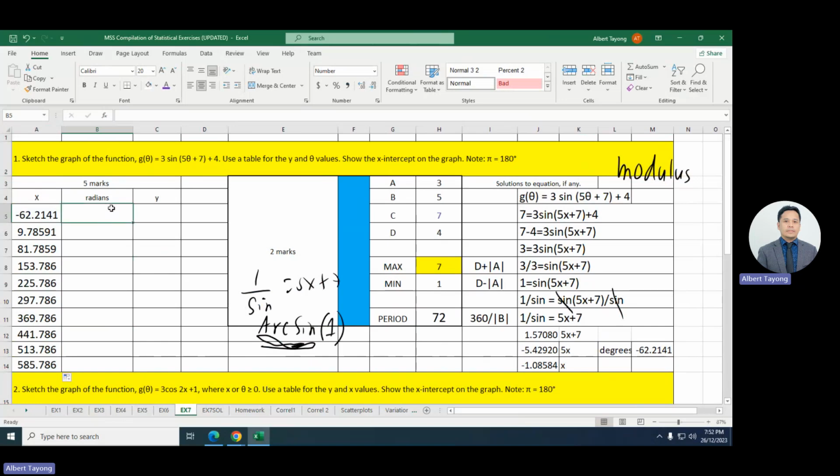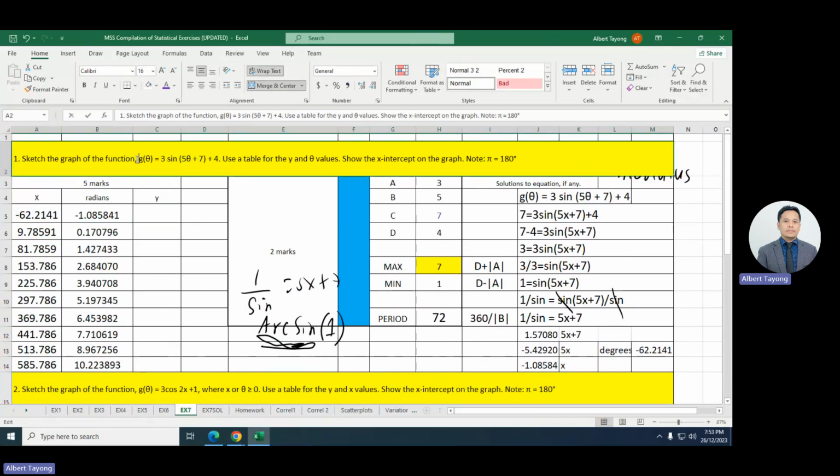Then the radians, we are applying trial and error method here because there is an error. Equals radians of this. See, same here, right? -1 point something. Now, drag it down. Now, if you're going to solve our y, this is our y, correct?